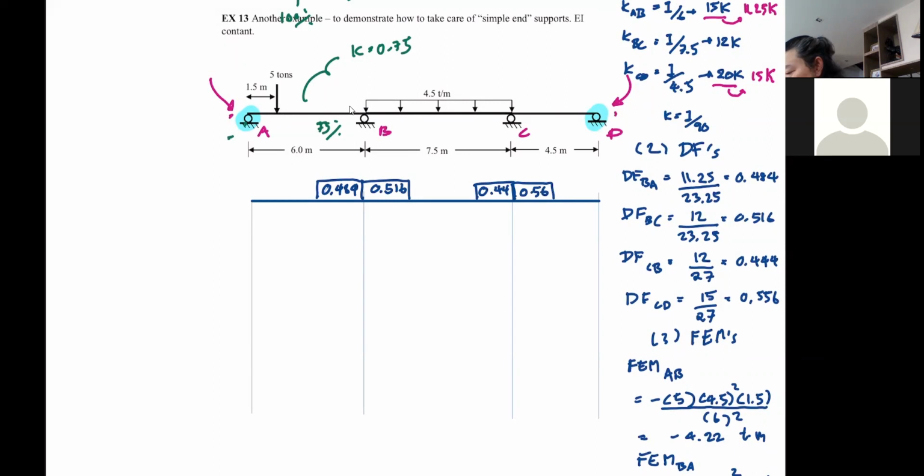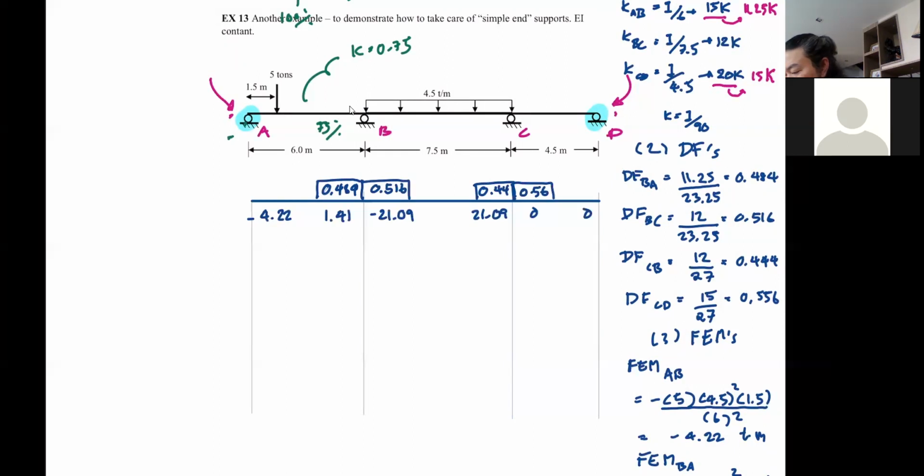Then we have our moments to begin with. This is minus 4.22, 1.41, that is minus 11.09 and then 11.09, and here is 0.